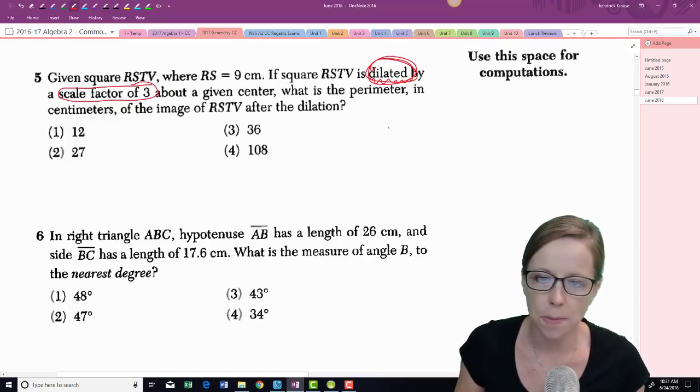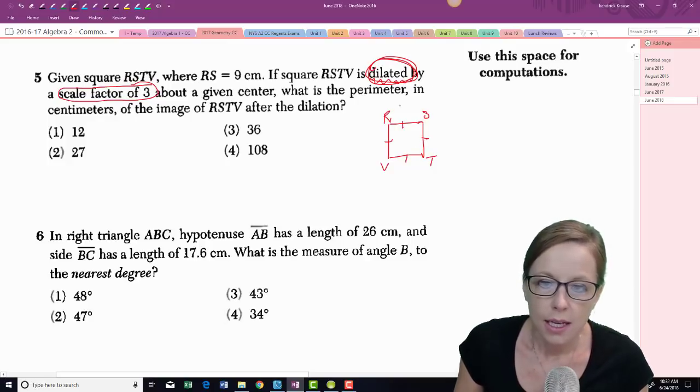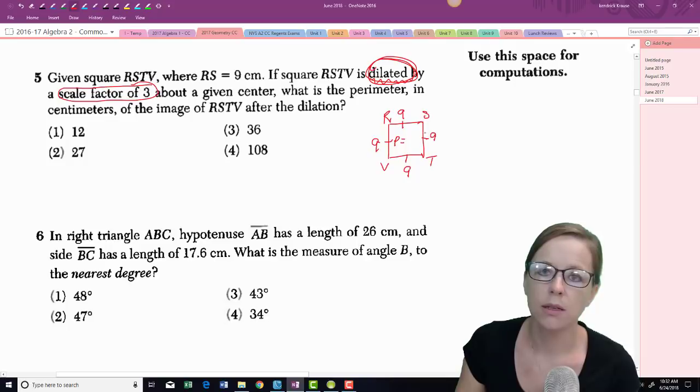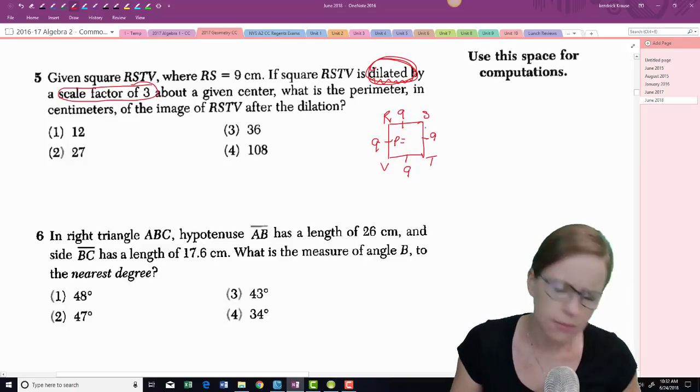So first thing I'm going to do is I'm going to draw my little RSTV right here. There he is, RSTV. It's a square to the best of my drawing abilities. Each of these is 9, which means it has a perimeter of 9 times 4, which is what, 36?